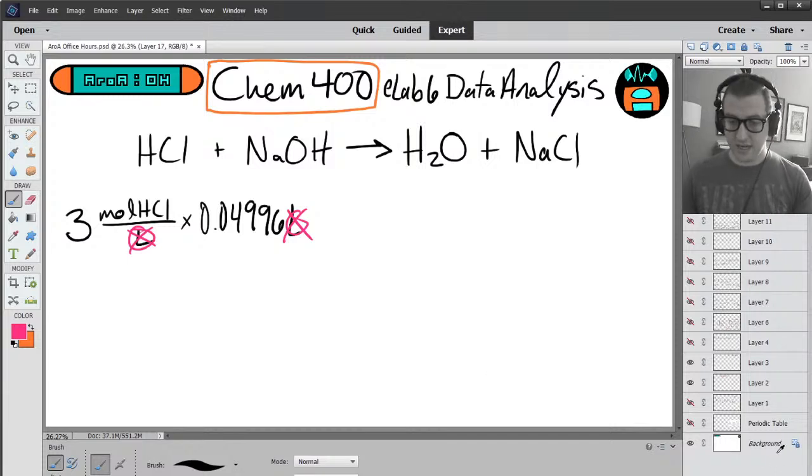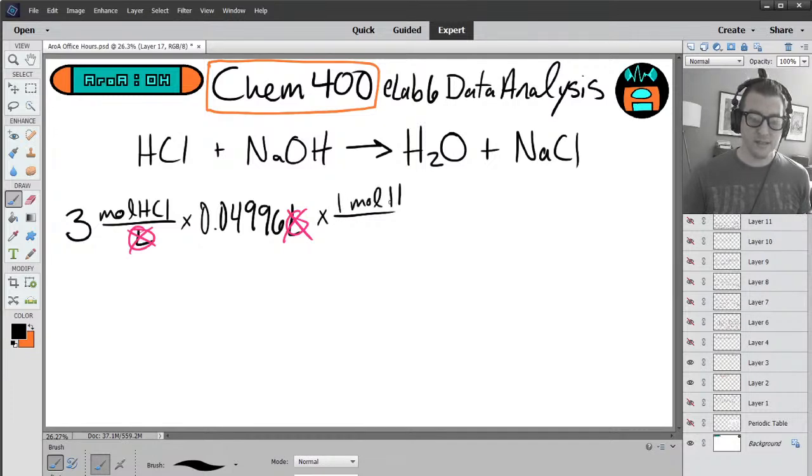All right, so we multiply these together to cancel our volumes. Now we have moles of HCl. Next, you can pick either product, water or sodium chloride. It does not matter which one. We just need to know which reactant is limiting, so which one produces less of the product.